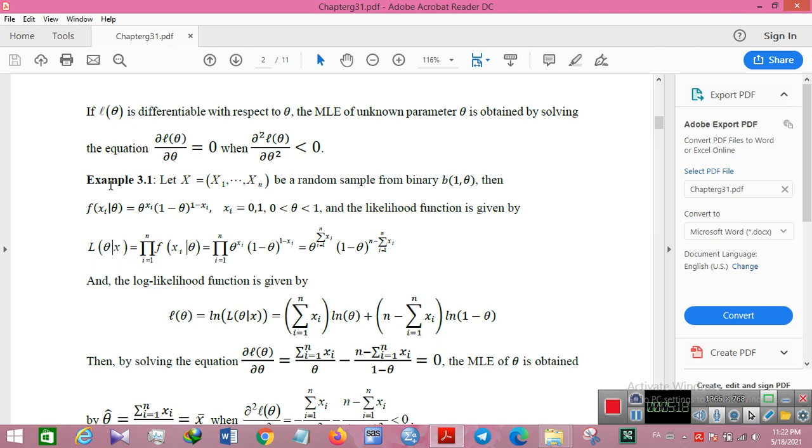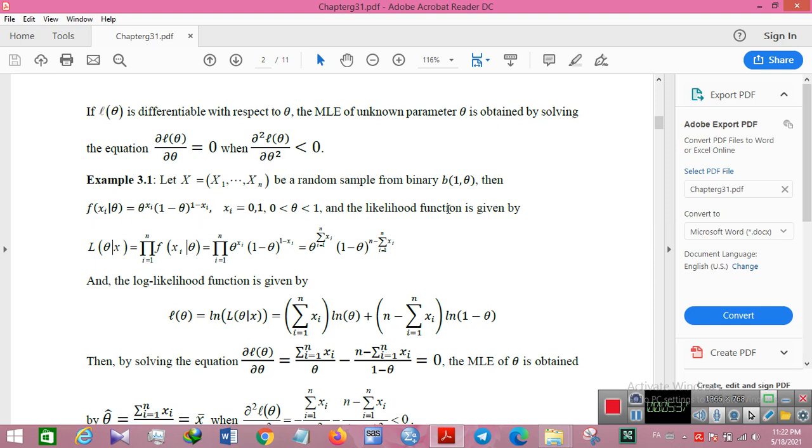For example, let X equal x1 to xn be a random sample from the binomial density b(1, theta). Then f(xi) has this form.